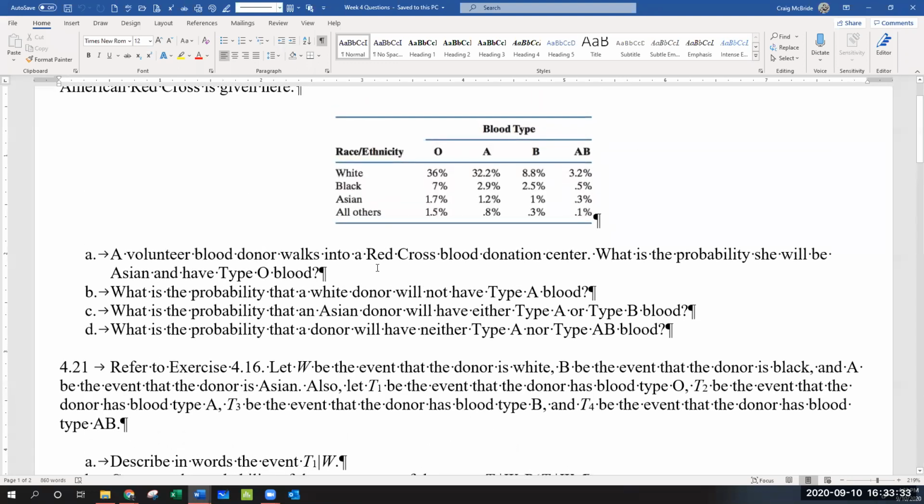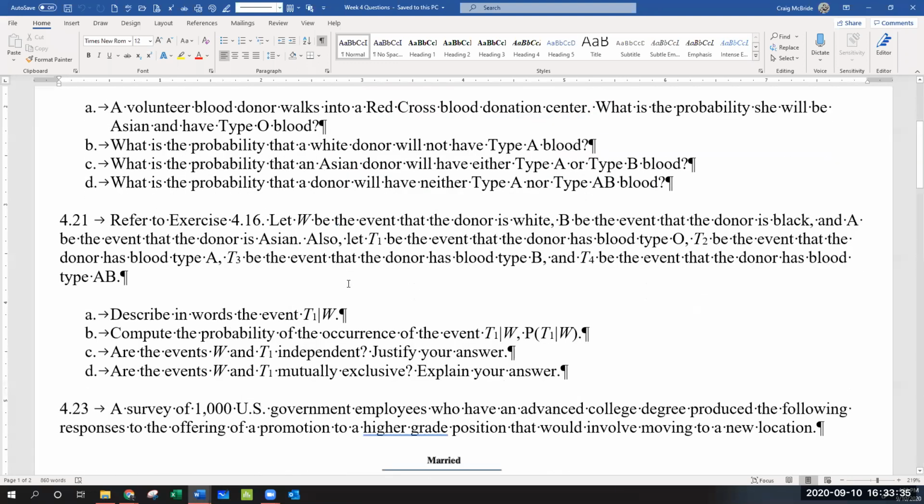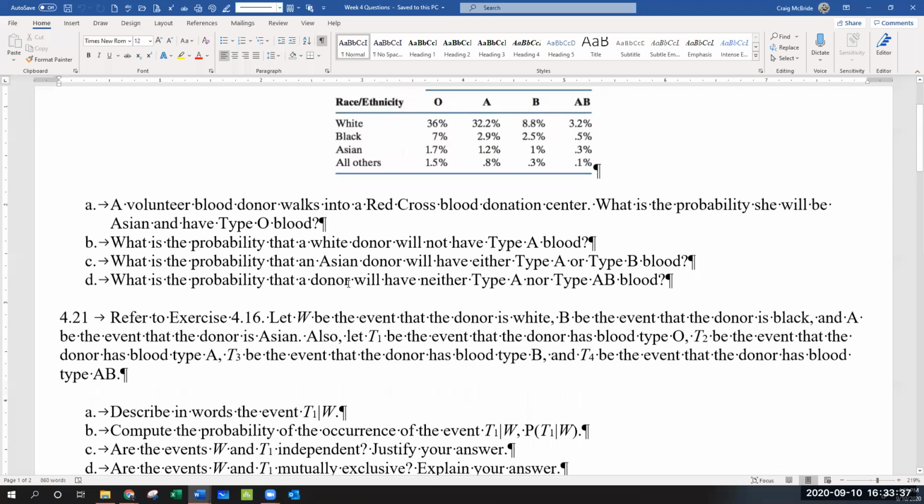That's what the W stands for. So basically what I did was the probability of blood type O happens given the race is white. Yes, exactly. Given the race is white. That's it. In English, it's the event that a donor has blood type O given that they're white. Exactly.